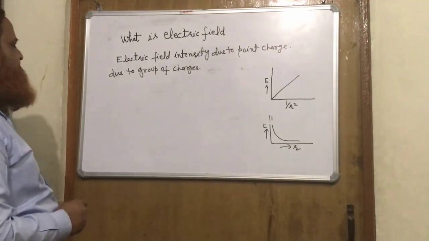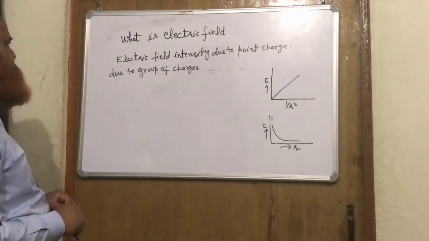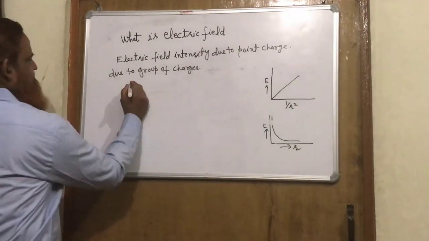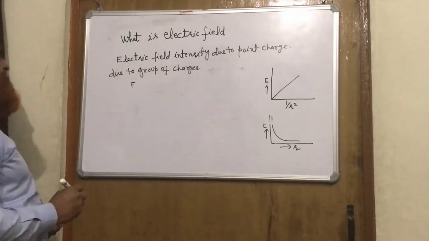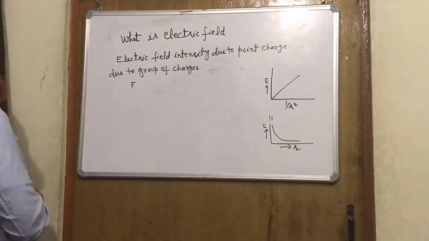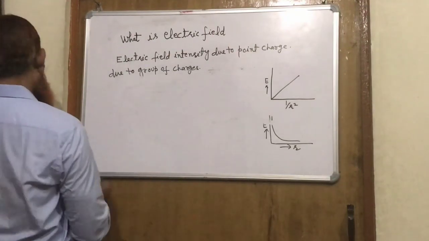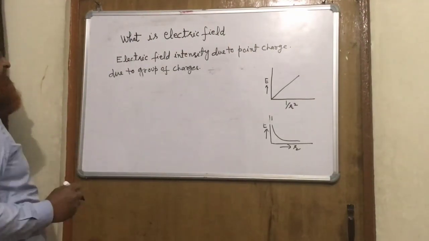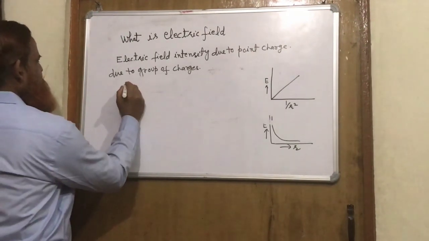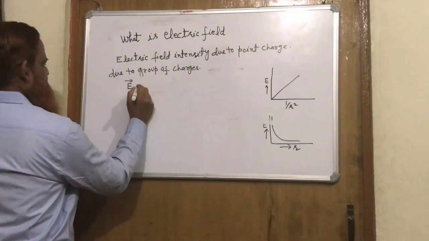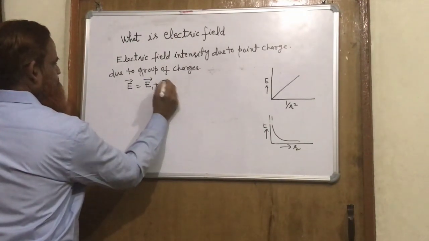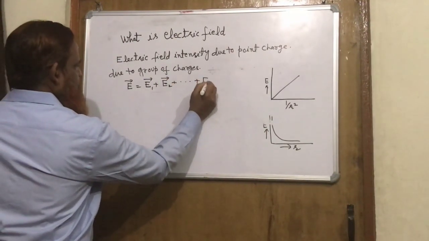As we studied in the principle of superposition, the force on any charge is equal to the vector sum of the forces produced by other charges on it. In the same way, electric field due to a group of charges at any point is the vector sum of the electric field intensity produced by each charge. So we can write E1 plus E2 plus En.